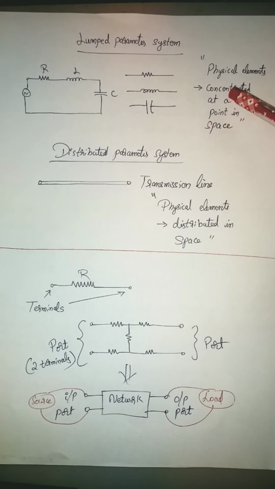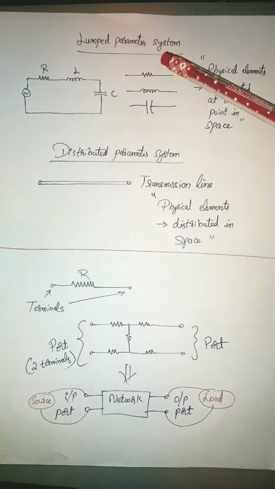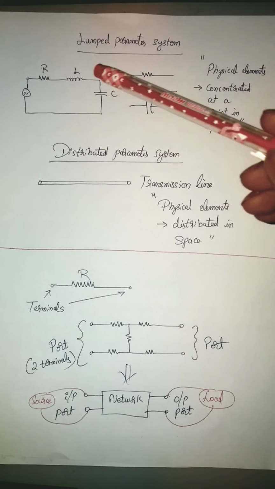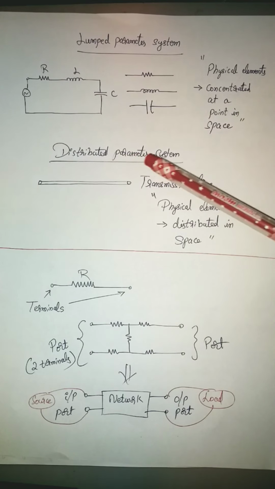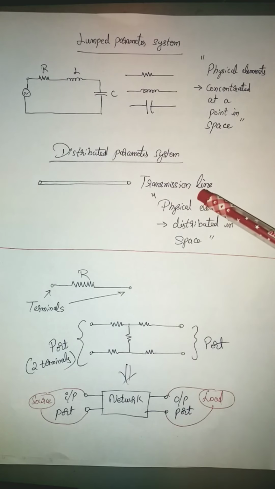Whenever you're having all the physical elements concentrated at a point in space, it is lumped parameter system. Whenever the physical elements are distributed in space, it is called as distributed parameter system. The best example for lumped parameter system is any circuit containing passive elements. Distributed parameter system, the best example is transmission line.